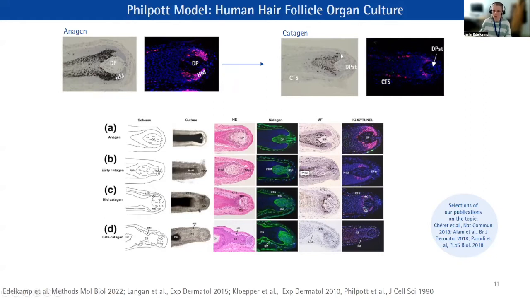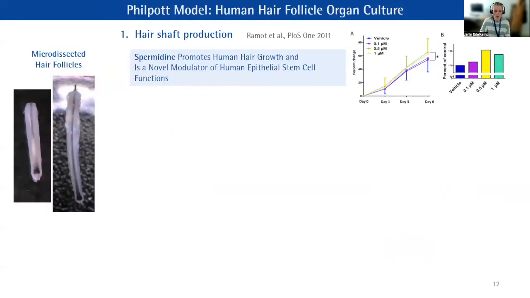But for that, we needed specific criteria to differentiate between the hair cycle stages. Luckily, now we have dedicated guidelines at hand that allow us to differentiate between anagen, early catagen, mid and late catagen. So then we can assess whether a drug would be clinically relevant in, for example, reducing hair loss or improving hair growth. So which possible readout parameters and endpoints can be studied in this model?